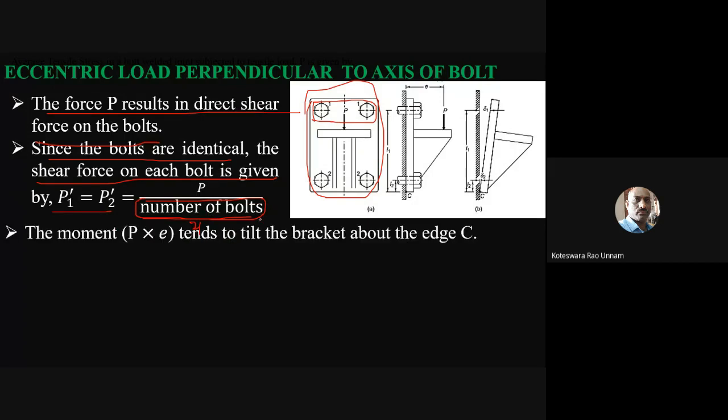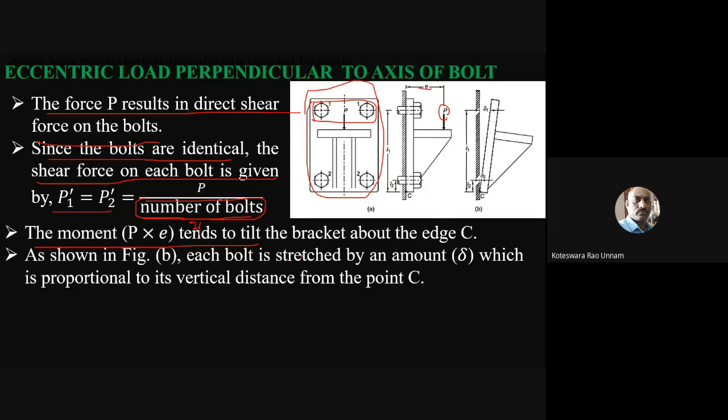Once I get the direct shear force, I can calculate the moment also. The moment is nothing but P into e. That moment will induce a bending stress in these bolts. Because of this bending, the bracket will tilt like this, because we assume that the bracket is rigid.